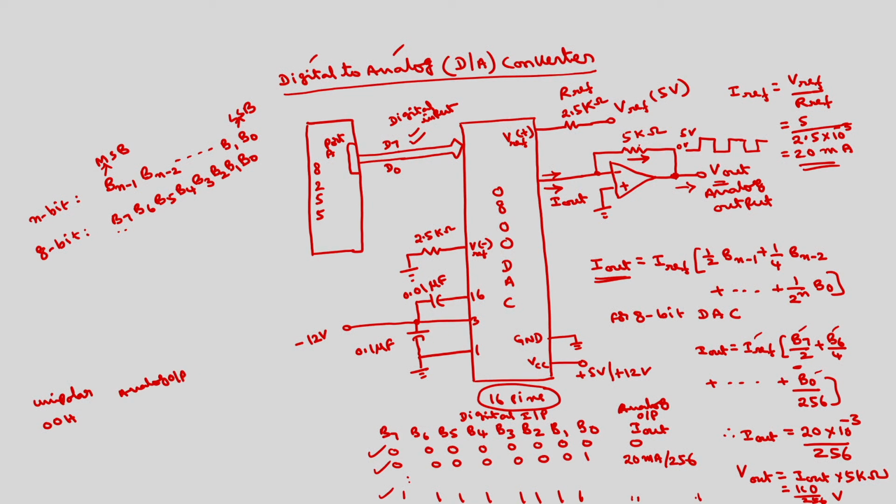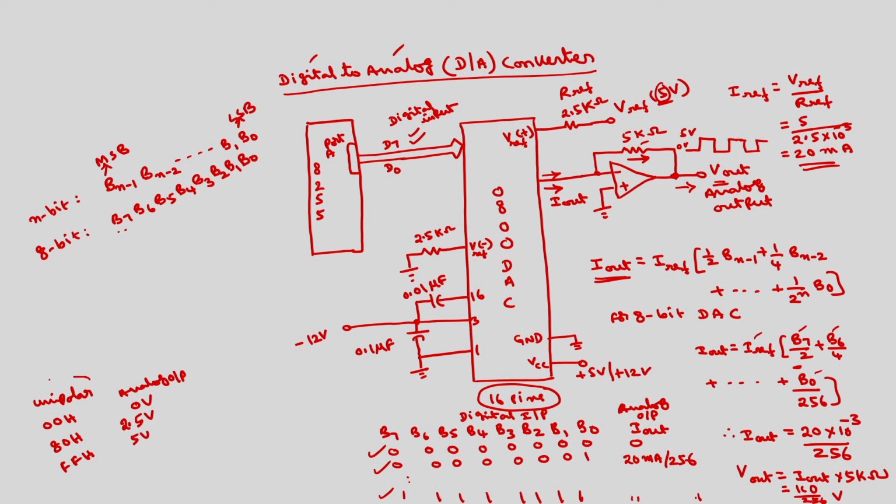After this voltage conversion and all, 0 volts, 80 H will be the center point, this will be equal to 5 volts, and FFH is 10 volts. If I use the reference voltage as 10 volts. If I use the reference voltage as 5 volts, this will be 2.5 volts and FF will be 5 volts.